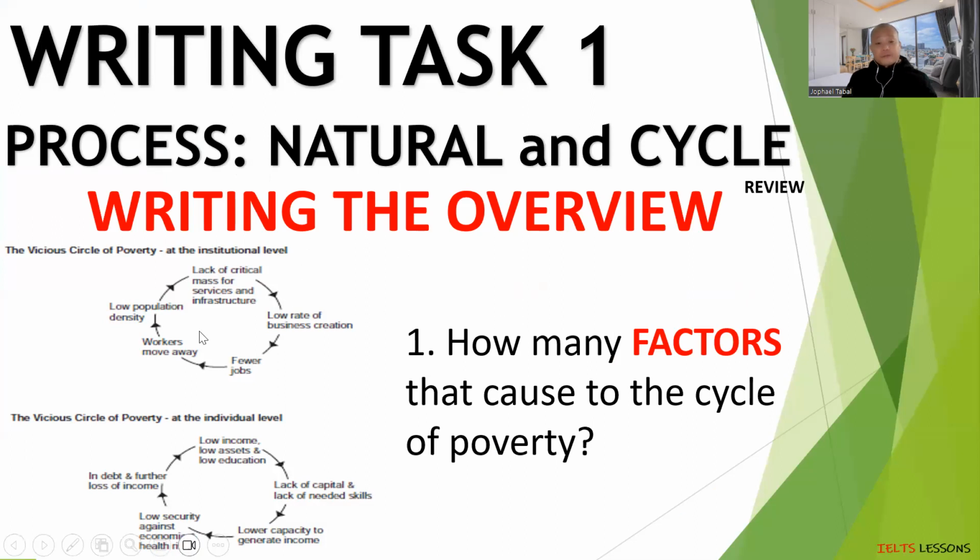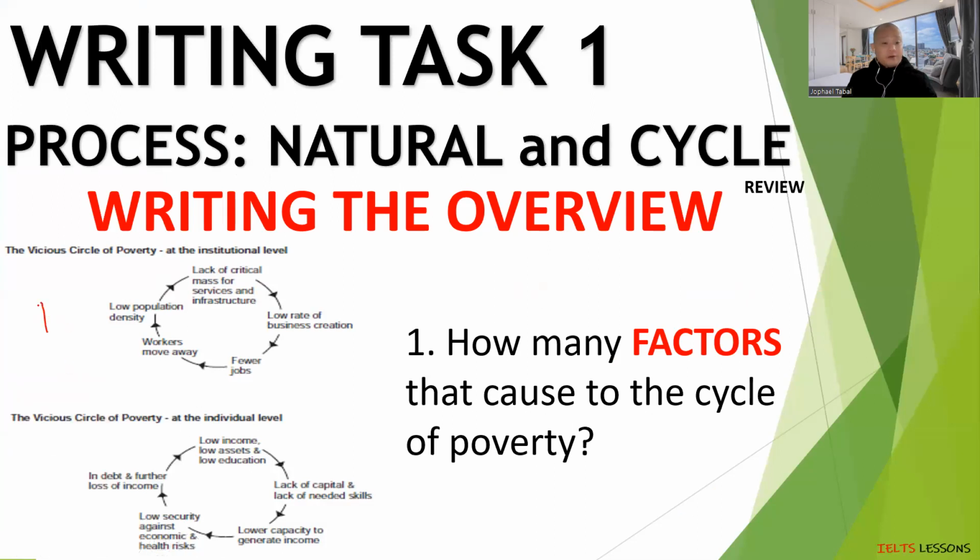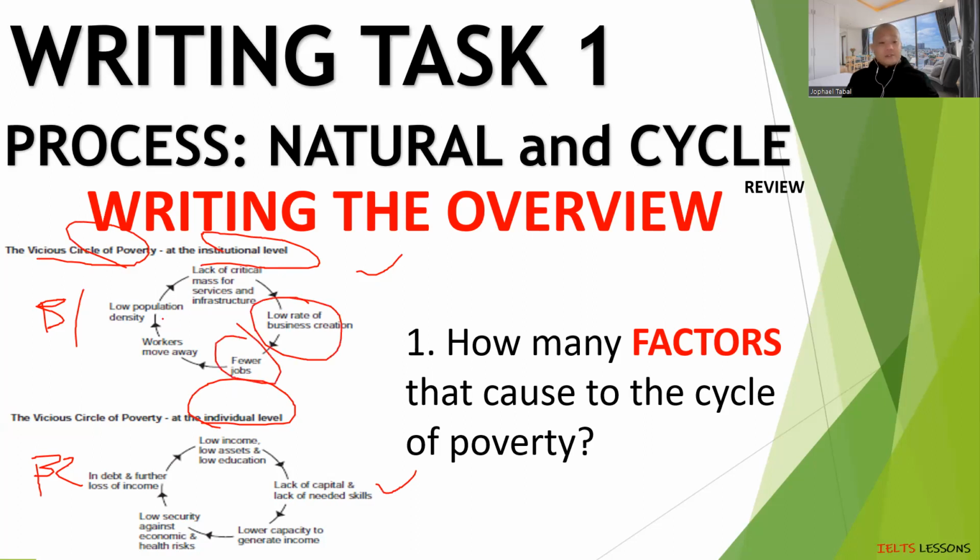But for the grouping, we can group this one as our first body paragraph and body paragraph two. Why is that? Because the first one shows the circle of poverty at the institutional level, and this one is at the individual level. So you can group this in body paragraph one and body paragraph two. The question is where to start our sentence. Since this is a cycle, you can start your first sentence at any aspect here.